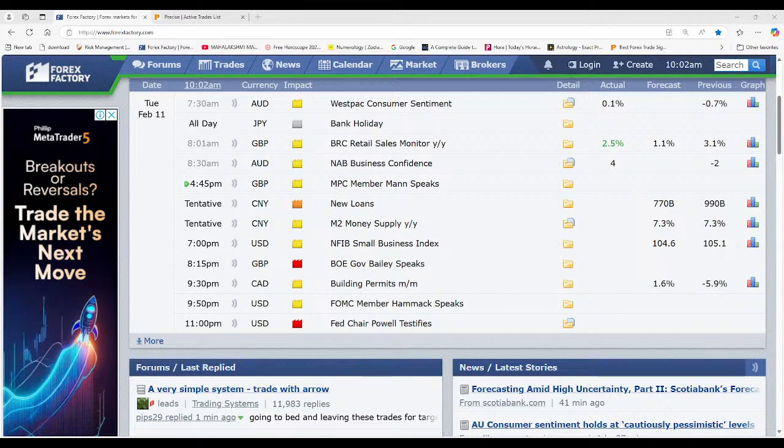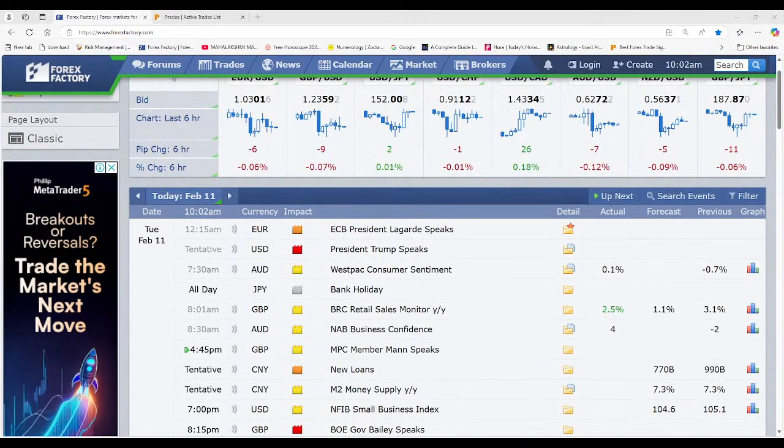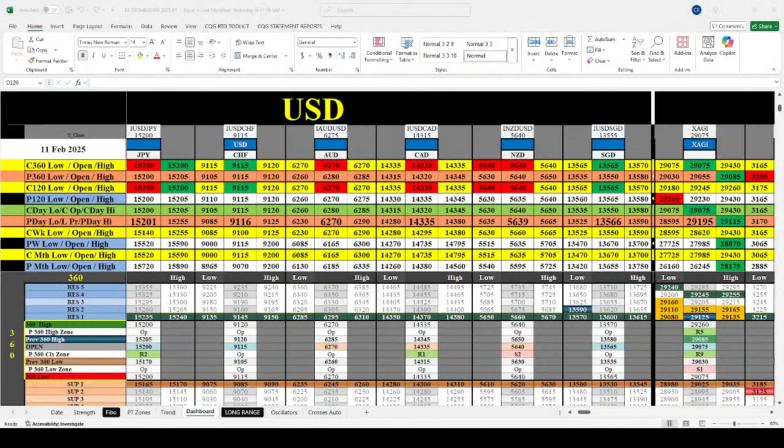This is at 2300 hours. So today there is no data, but we just have all these governors and the Fed chairman and president giving a talk. So let's move on to our live analysis.